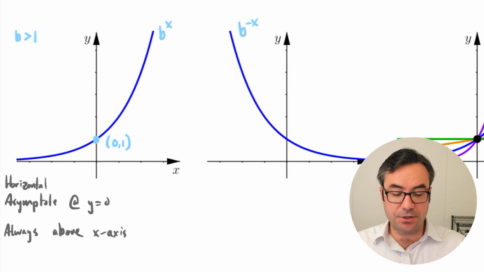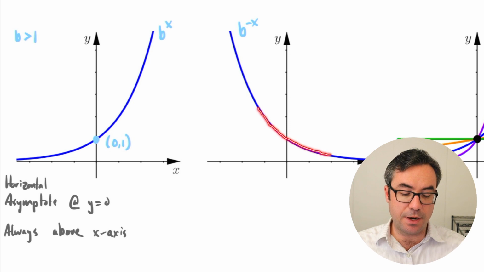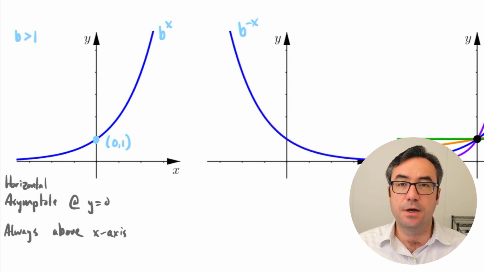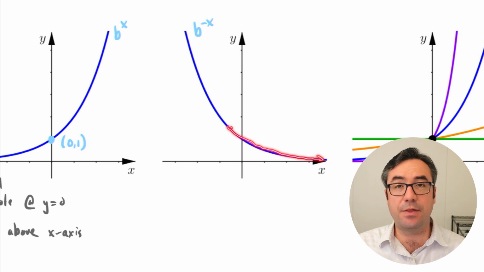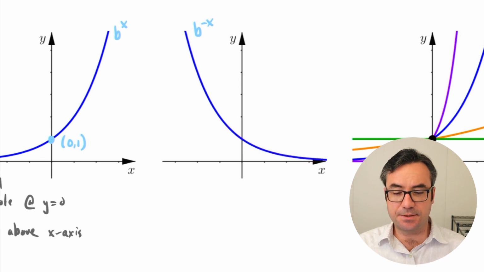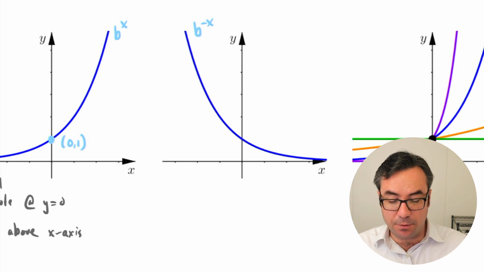Same properties. It's still going to have a horizontal asymptote as we get closer and closer to the x-axis, but it's now on the right side. It's still never going to cross the x-axis, and it still goes through that point 0, 1.